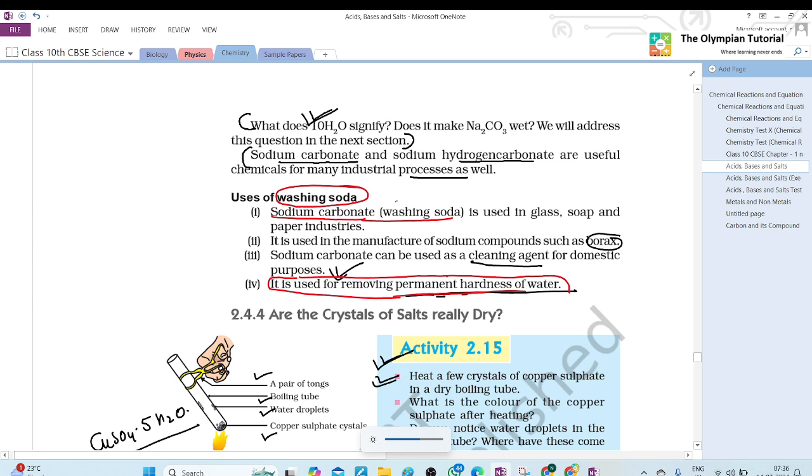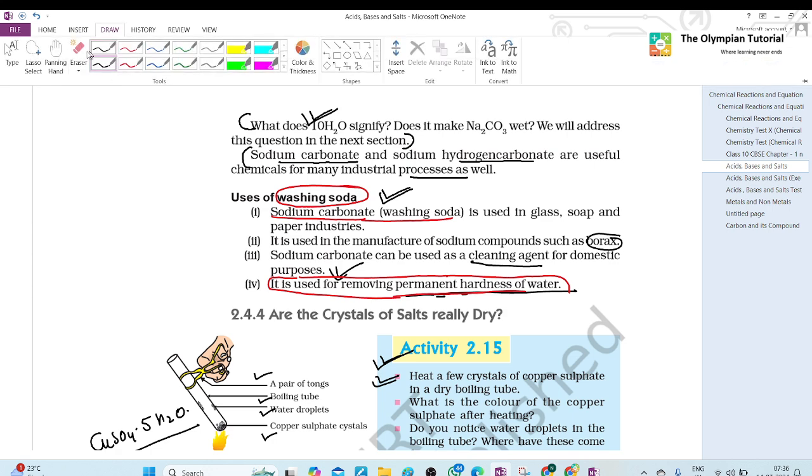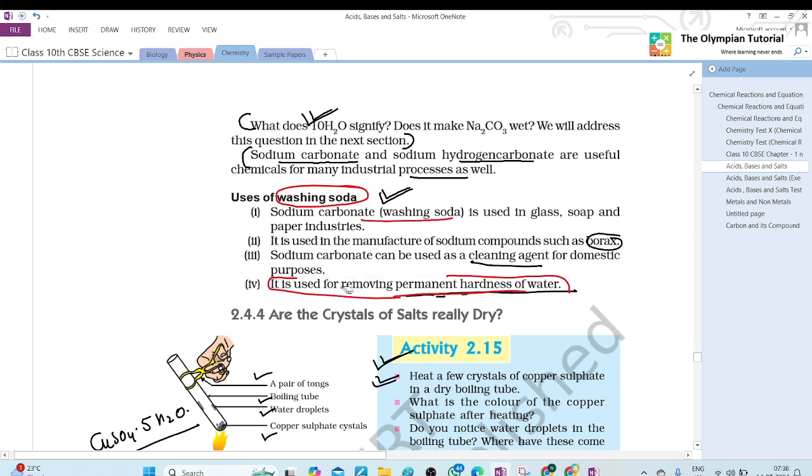Now, uses of washing soda. Students, learn these points, because in objective questions you can get any point. Sodium carbonate is used in glass, soap and paper industries.